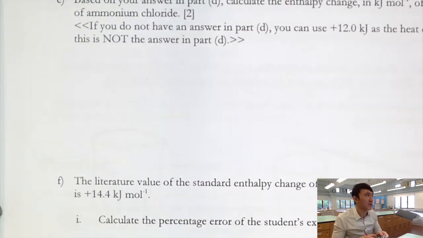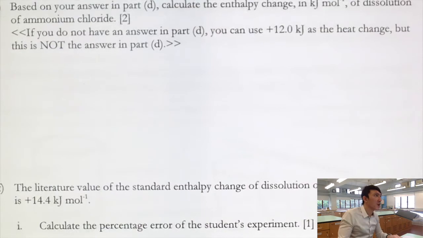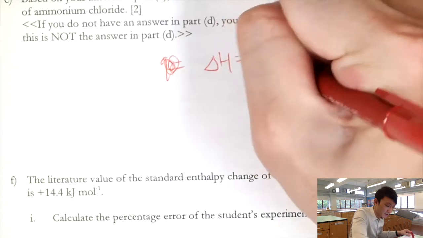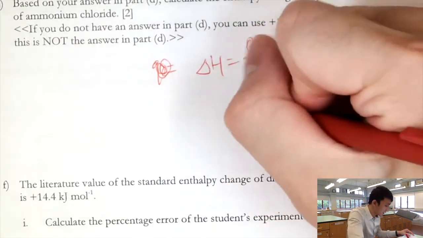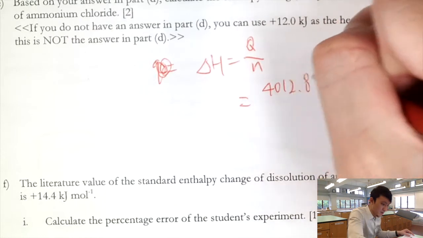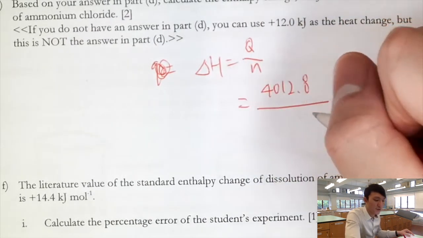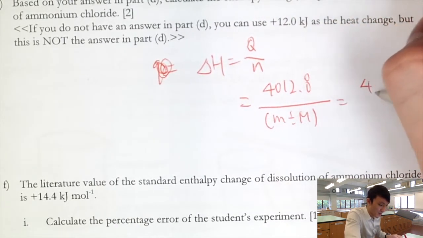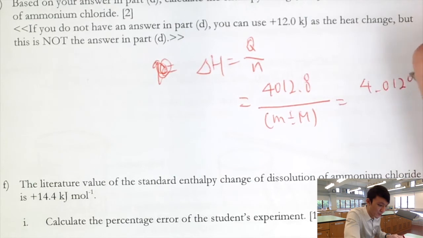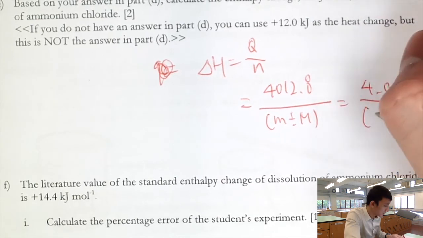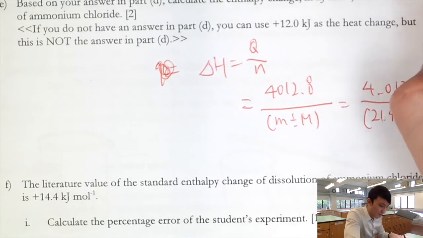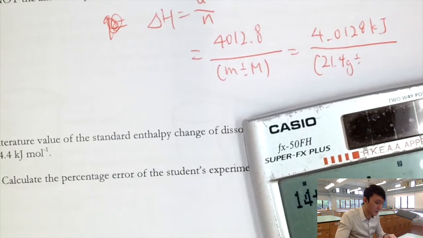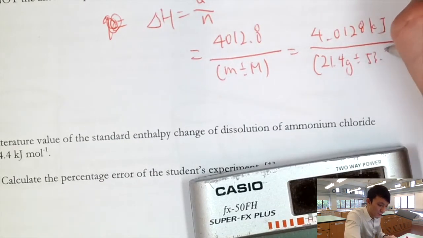Now part E here, based on your answer, calculate the enthalpy change in kilojoule per mole of the dissolution. You need to use the delta H equals Q over n, right? So Q is this one, and the number of mole is mass over molar mass, which is equal to, now I can change this one into kilojoule first. And mass here we do 21.4 gram divided by ammonium chloride 14 plus 4 plus 35.5, which is this one.